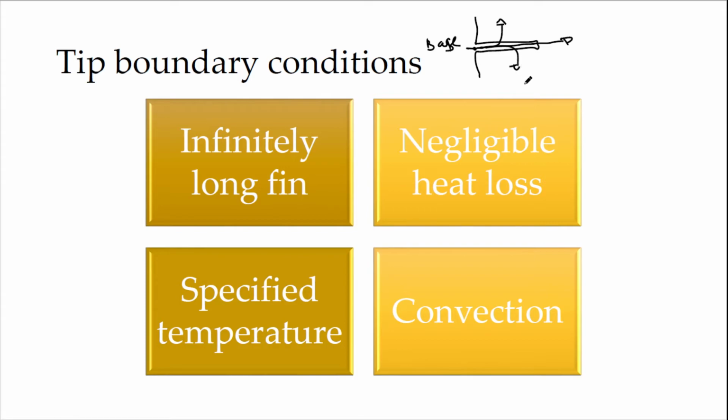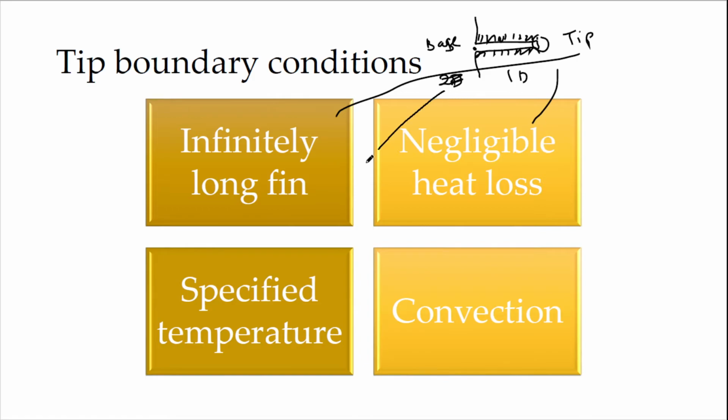Even though we have a fin, we assume the top and bottom of the fin are insulated. If you want to consider top and bottom, we need to do a 2D analysis, which is quite lengthy. So in order to do 1D, we assume the top and bottom to be insulated, and then we are only changing the boundary condition at the tip. So we have infinitely long fin, negligible heat loss, specified temperature, and convection.